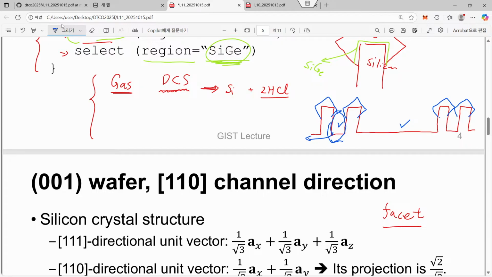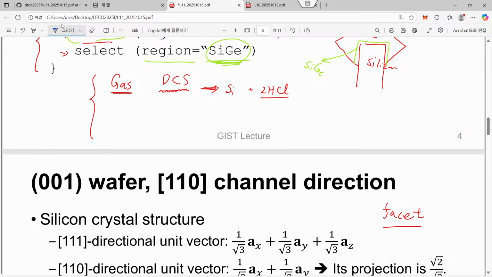In this case, since we have no DCS gas to be decomposed into silicon, its growth will be limited. But in this case, wow, we have no limitation. So it really depends on the size of our system. So this is critically very important.